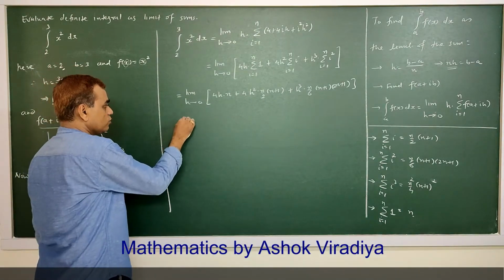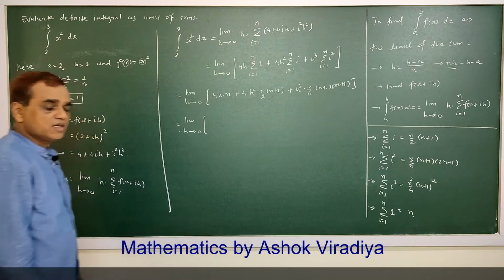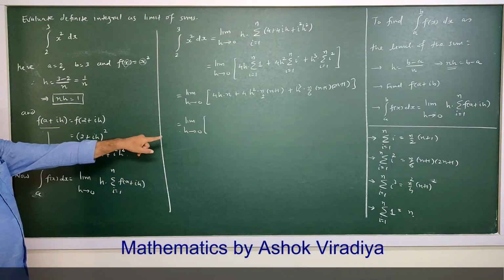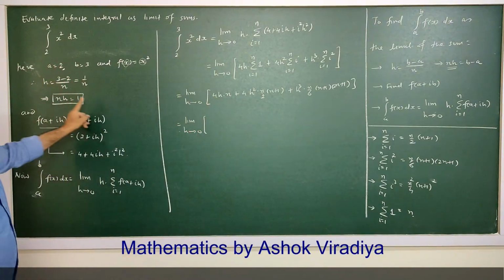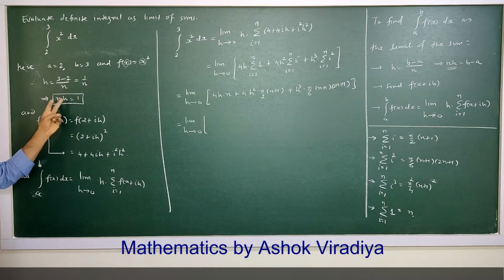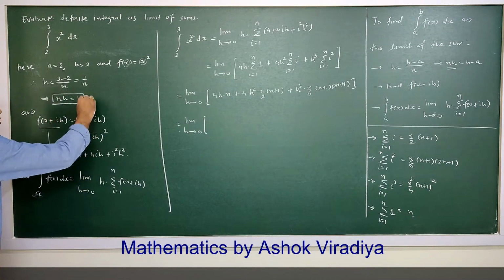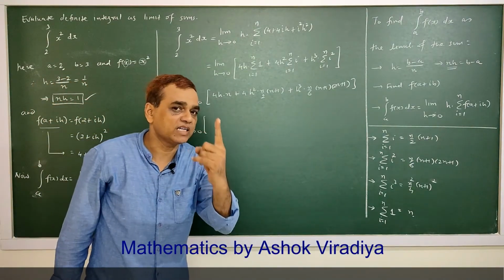Now look, as h tends to 0, h and n are both variable. As h tends to 0, n tends to infinity, but nh is constant. So wherever we find a product nh, we keep 1.